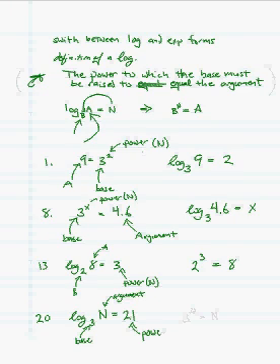So you go 3 to the 2.1 power equals n. Another way of saying the same thing is 3 to the 2.1 power equals n.